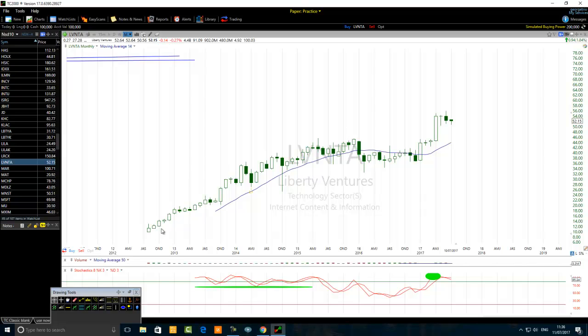How do we avoid the overbought stochastic trading mistake? Traders may say, Joe, you talked about this before. But what we are doing today is analyzing Liberty Ventures using the overbought stochastic indicator. The first thing that we want to do, if you want to avoid overbought stochastic trading mistakes, is to trade the price.